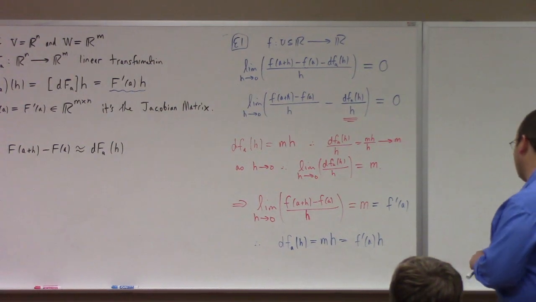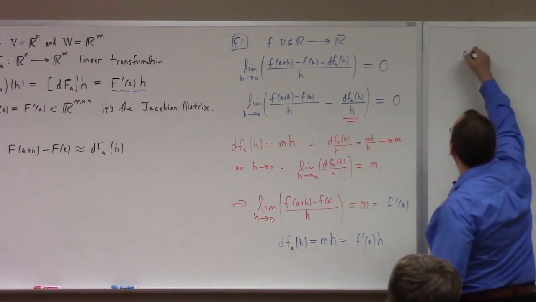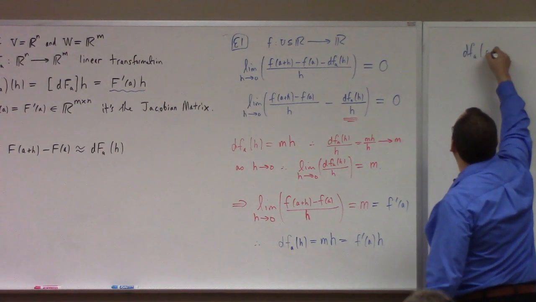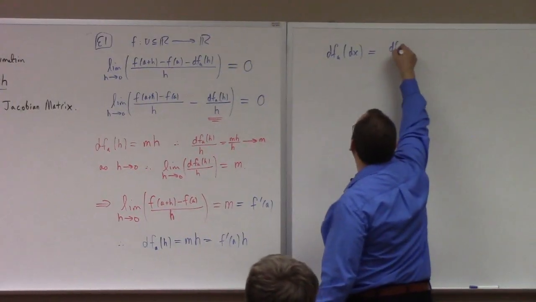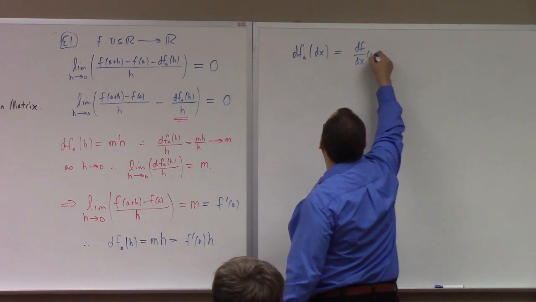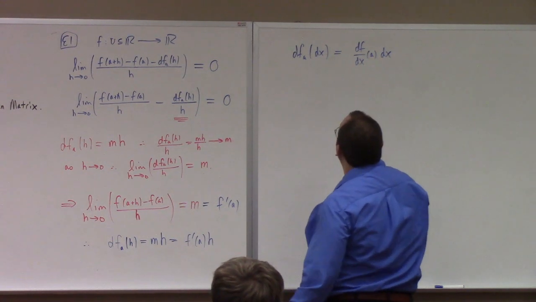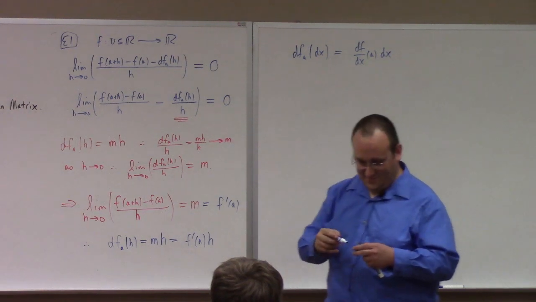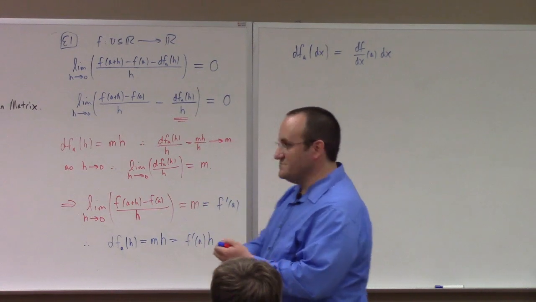And if you start using dx for h instead, you start getting really cool looking formulas like df dx at a times dx. Yeah. But anyway, more on these sorts of things later.